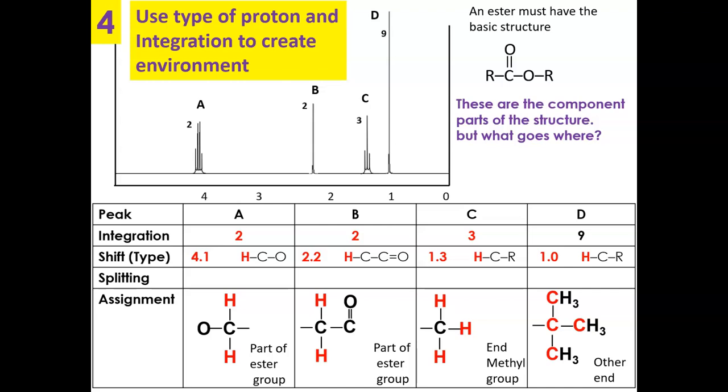We have a methyl group, which means the end of a molecule. We also have a carbon with 3 methyl groups on it, which clearly is the other end of the same molecule. So we've got 4 component parts.